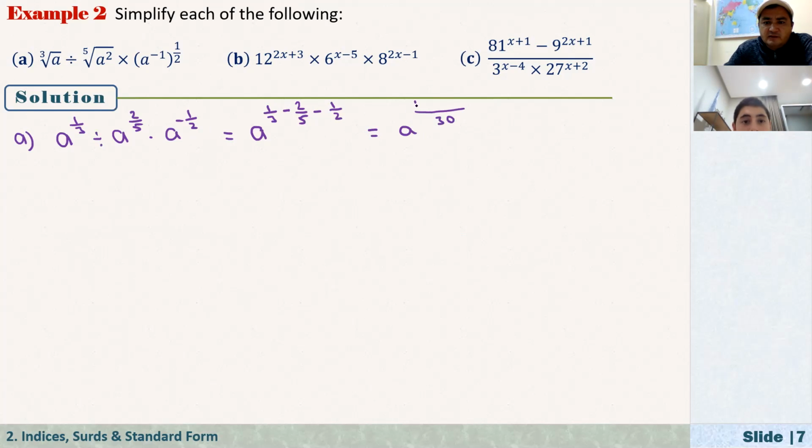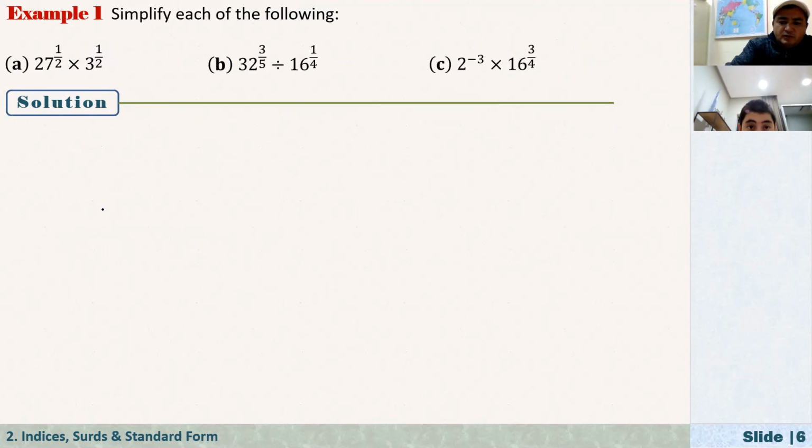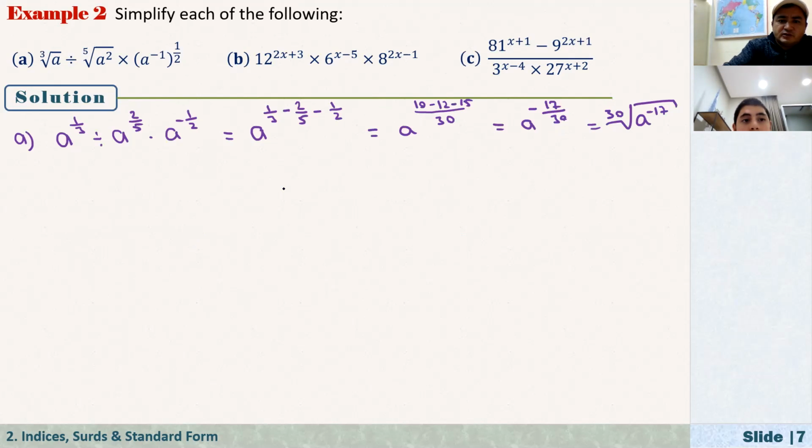Here we have 10 minus 12 minus 15, that is equal to a to the power of minus 17 over 30, or the 30th root of a to the power of minus 17. Whichever, actually. I didn't ask anything, so we can just leave it this way. How about question B?